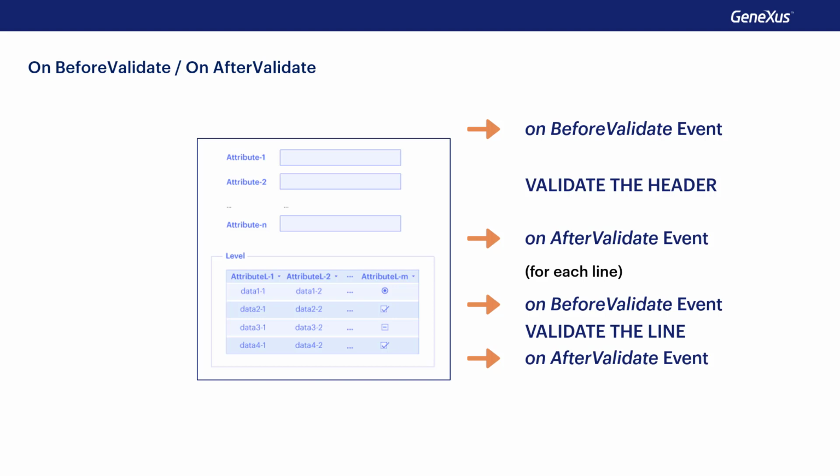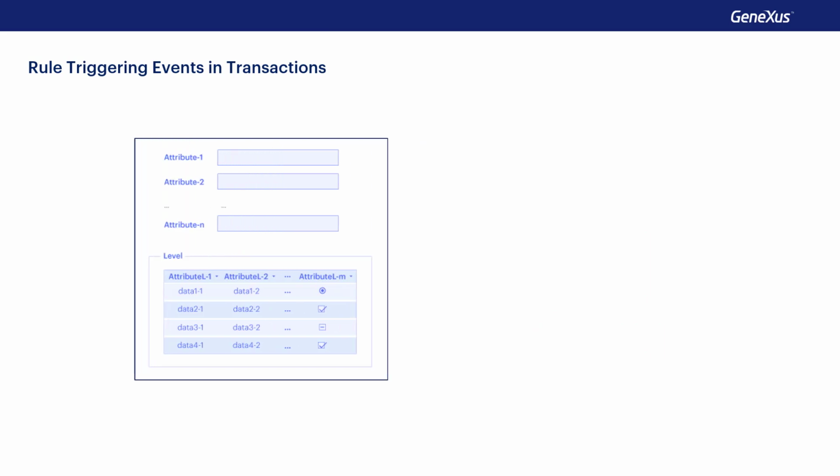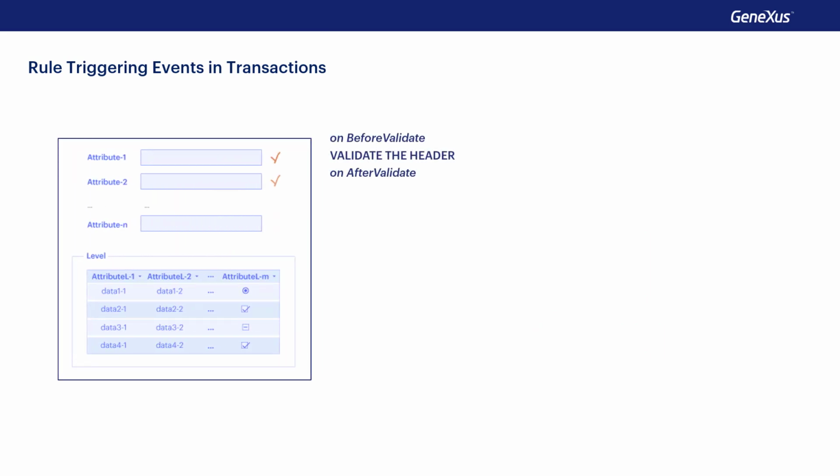All the rules that are conditioned to the event on BeforeValidate or on AfterValidate will be triggered at these precise moments. In what order? In the order in which they're written, unless there are dependencies between them, as we've already seen. Next, if the validation did not fail, and the recording corresponded to an insertion, the rules associated with the first level of the transaction that have before insert triggering event will be executed.